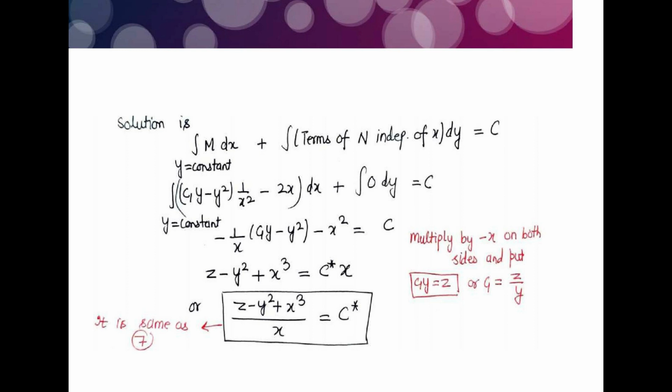And now put the value of c1 here. c1 is z over y. And when we put the value of c1, we get this expression in the box. z minus y square plus x cube upon x equal to c star, and this is exactly the same solution which we got from the combination.